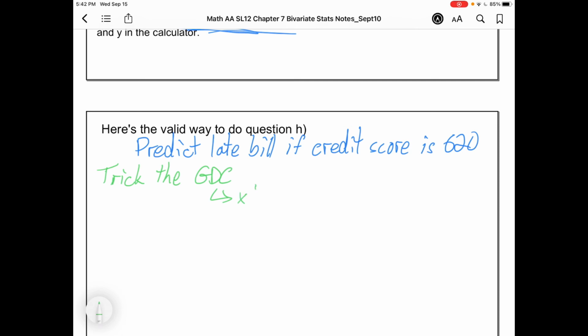For your X list, choose L2. For your Y list, choose L1. So we've swapped them in the calculator. And then when we get the equation, swap them again.